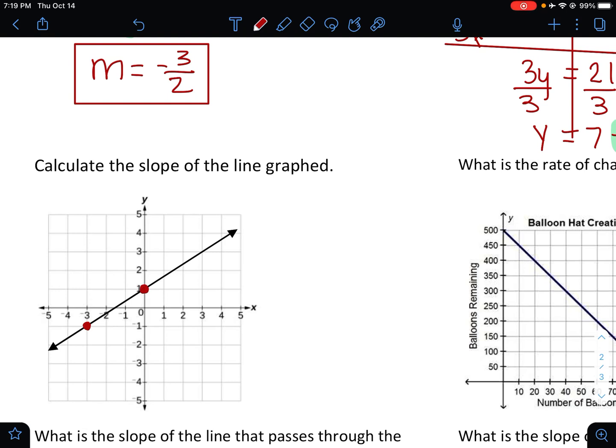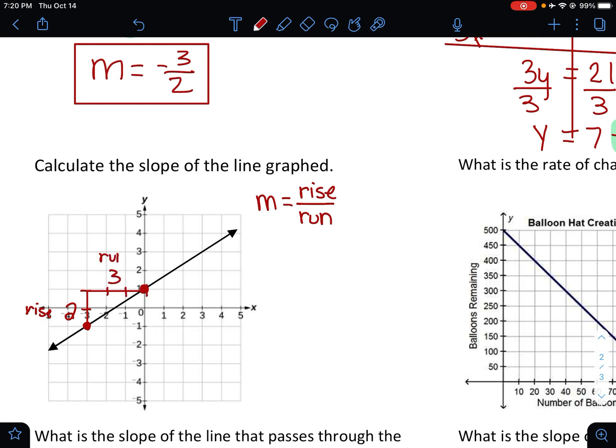Our slope is the change of the y over the change of the x, meaning we're going to rise over run. I need to rise until I get to my next y value. So I rose 1, 2. My rise is a positive 2. And I run this way, which is 1, 2, 3.